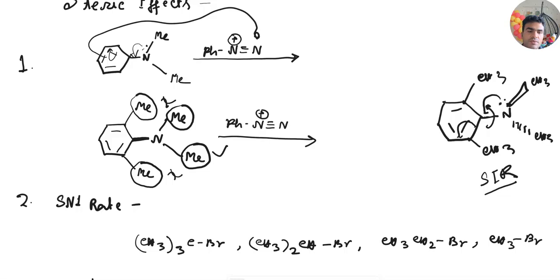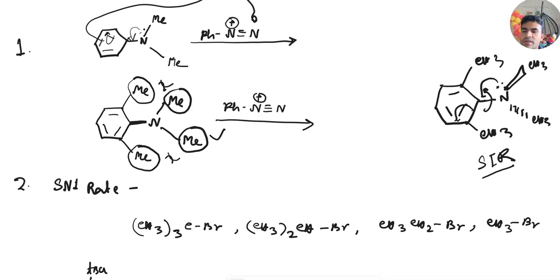Next, the example is the SN1 rate. These halides we have taken: this is tertiary, this is secondary, this is primary. Here the number of methyl groups increases from right to left.